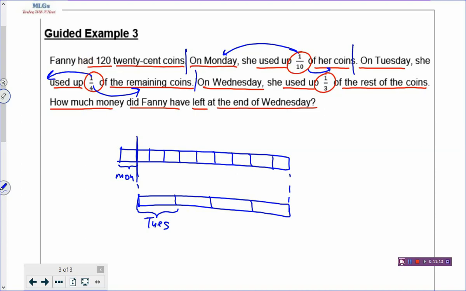And then on Wednesday, she used up 1/3 of the rest. So where is the rest? After using 1 box on Tuesday, the rest will be the right side of the model, which is the 3 boxes here.